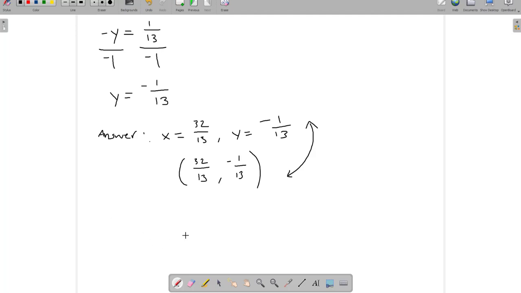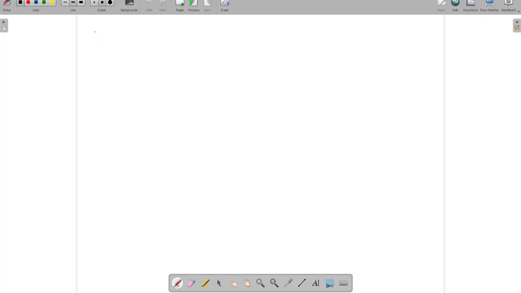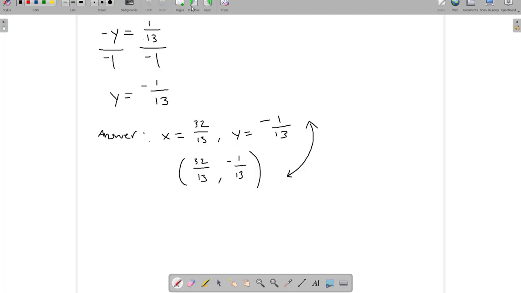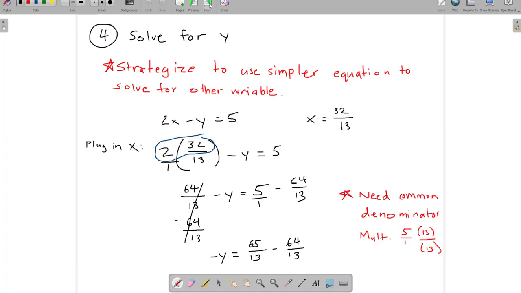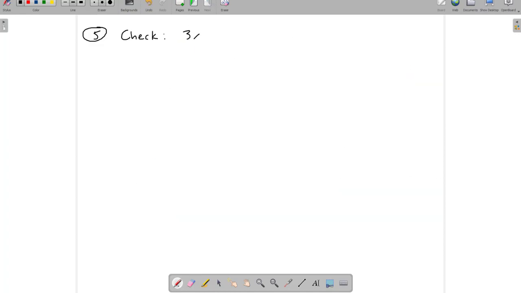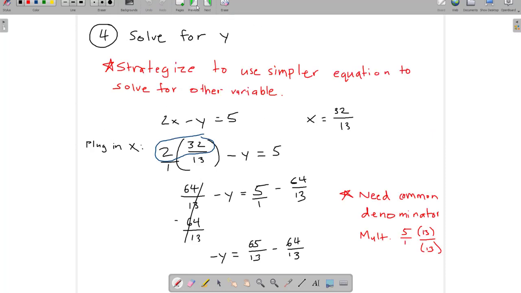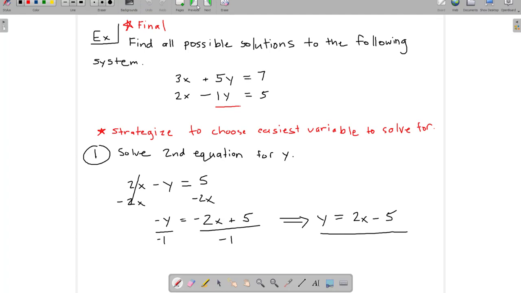But let's actually check our work to make sure that we did this correctly. So let's go ahead and do step 5, check. Let me go back and copy our equations that we had. 3x plus 5y equals 7, and 2x minus y equals 5.